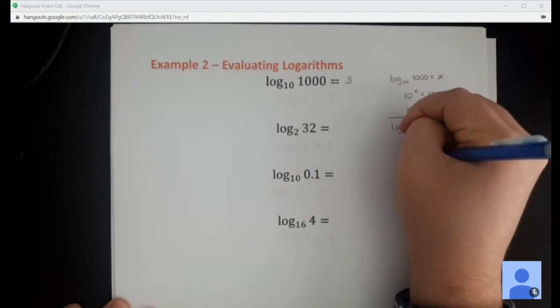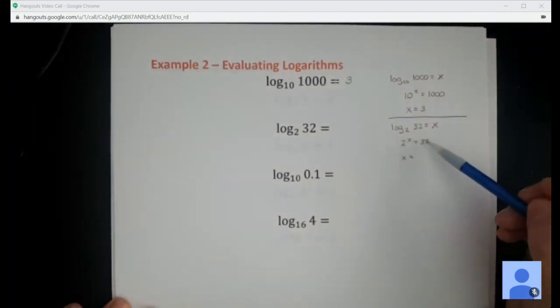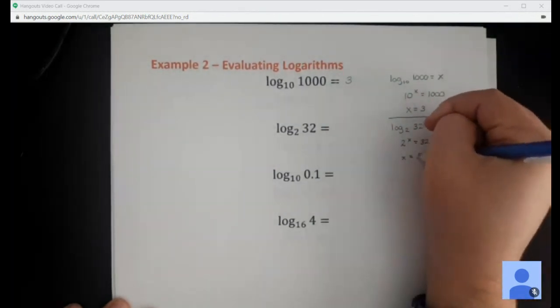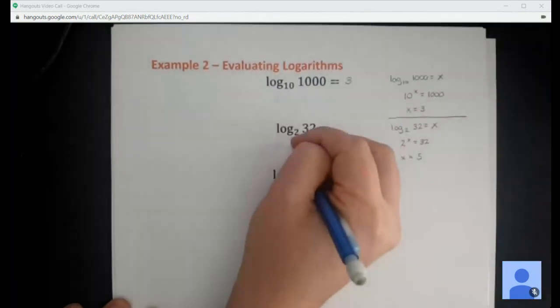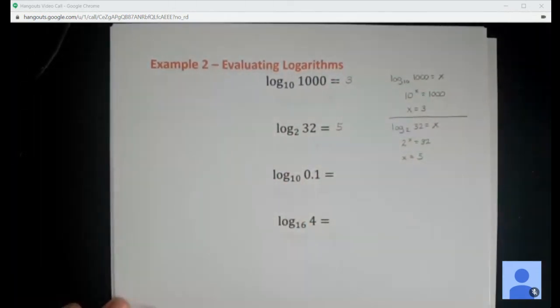And so now what we want to know is what would that exponent need to be so that when I raise 2 to that power, it gives me 32. Good. 2 to the fifth power is 32. So my x is 5, which means the base 2 log of 32 is equal to 5. Okay. Any questions there?